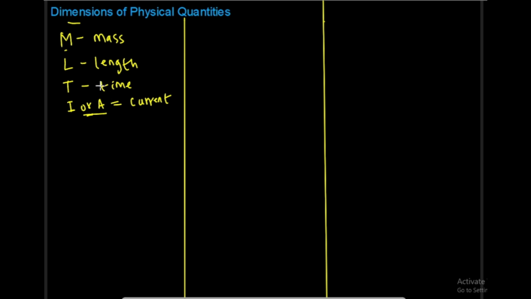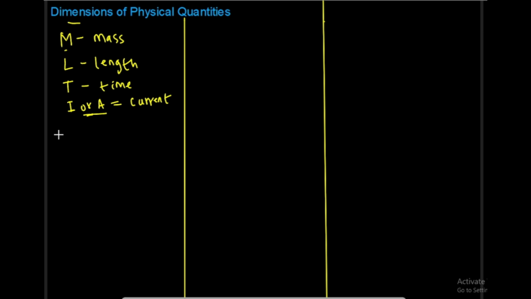If you observe very well, you notice that these are the basic or fundamental physical quantities. Sometimes they may not ask you for the dimension of fundamental physical quantities. They can ask you for the dimension of a derived physical quantity, that's to say, a physical quantity that was formed as a result of combining fundamental physical quantities together.